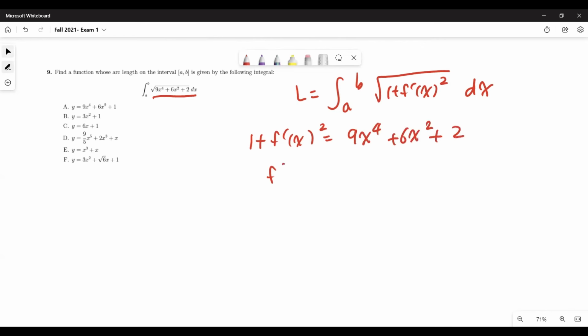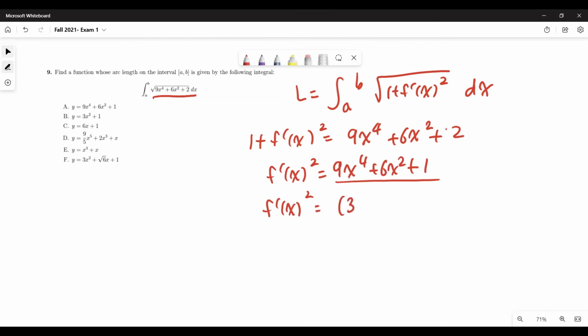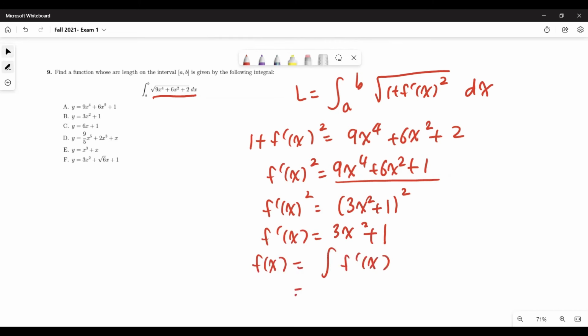Then f prime x squared would be 9x to the 4th plus 6x squared plus 1. f prime x squared is just a perfect square: 3x squared plus 1 squared. So then f prime x will be equal to 3x squared plus 1. And then if you want to find f(x), the original function, we integrate f prime x. So integrating 3x squared plus 1 will give you x cubed plus x, which is E.